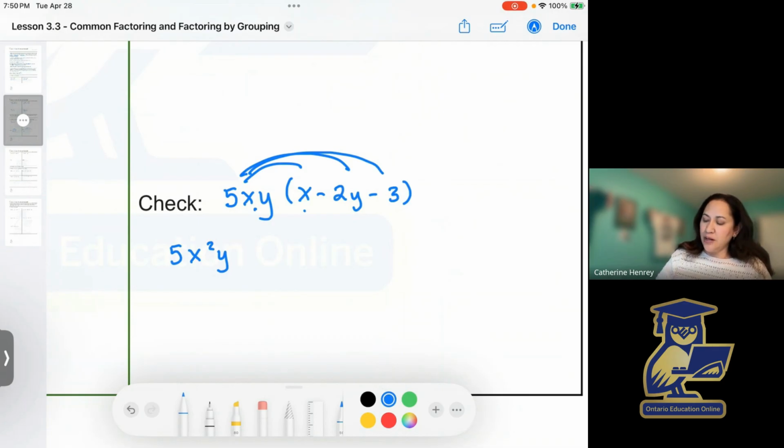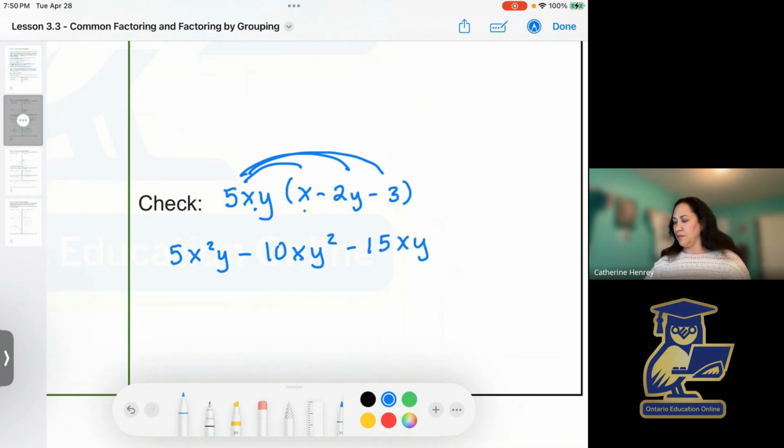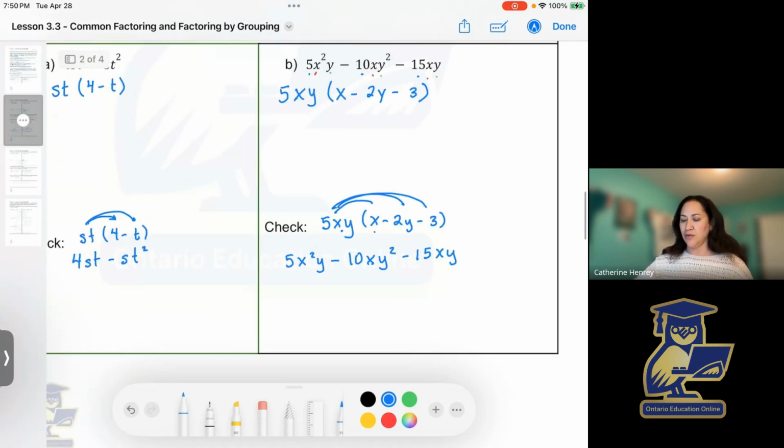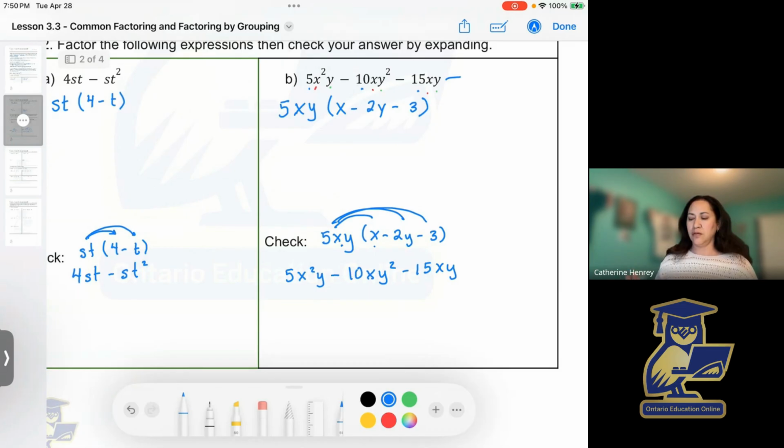Then 5xy times negative 2y is going to give me negative 10xy squared. And then 5xy times negative 3 will give me negative 15xy. So that goes back and it matches our original problem.